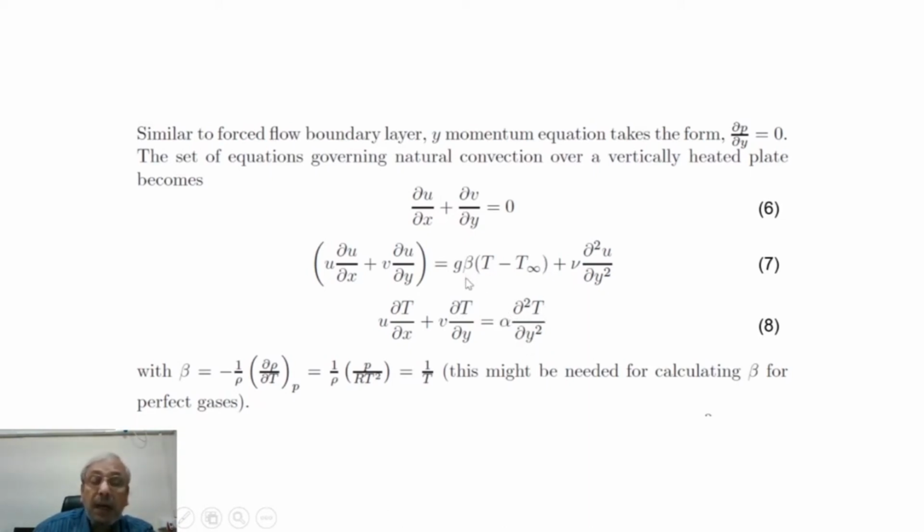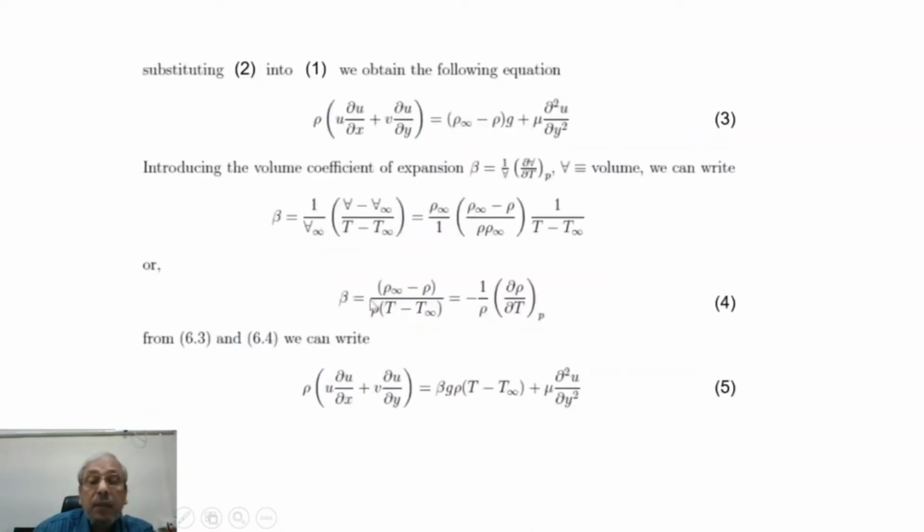And beta we can also write, we have seen that this is minus 1 by rho, basically ∂rho/∂T at constant pressure. So let us again look at it.